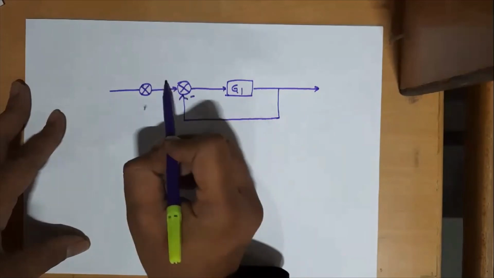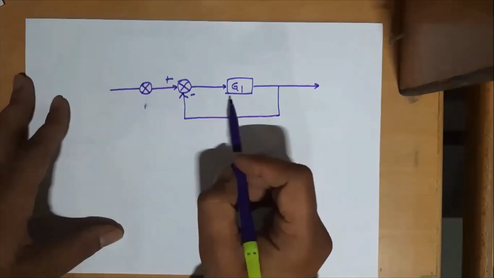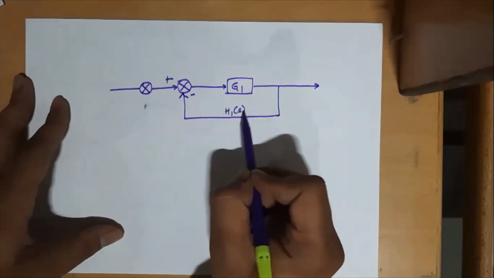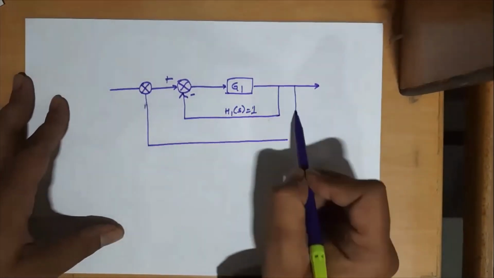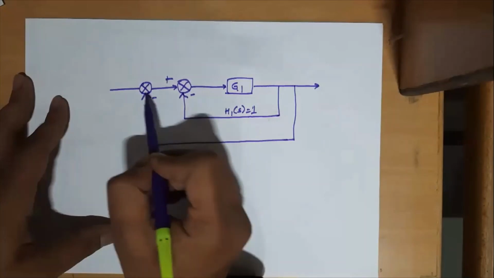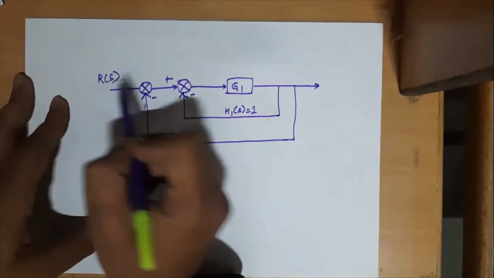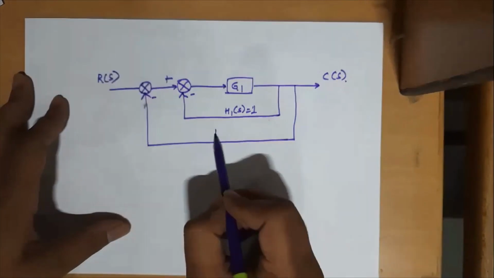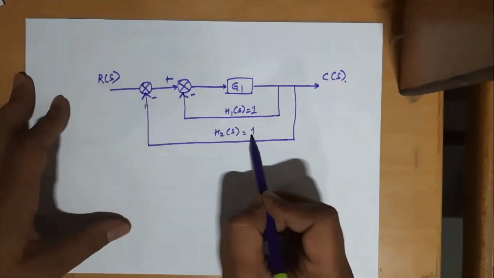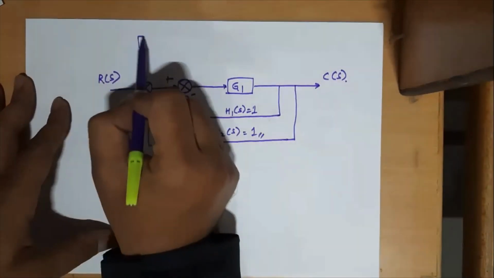In a complex system, you may have system blocks, system elements, which can be represented like this example. A closed loop inside another closed loop.